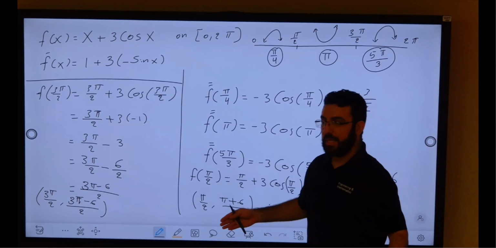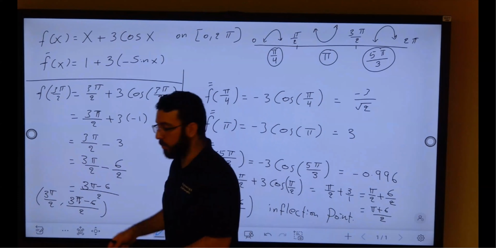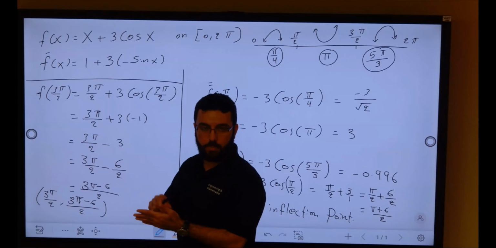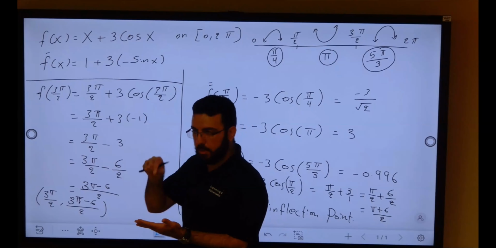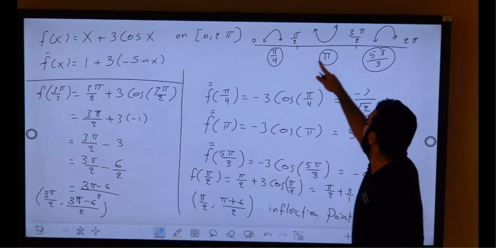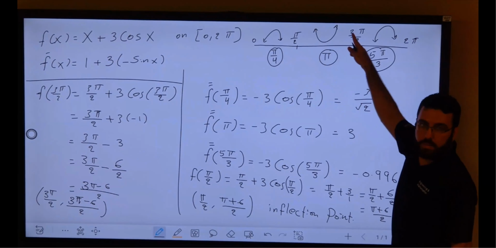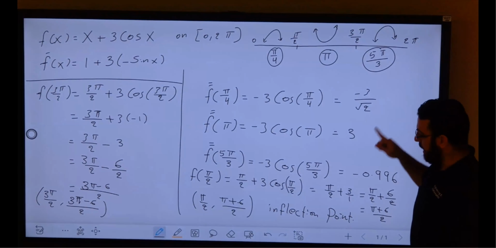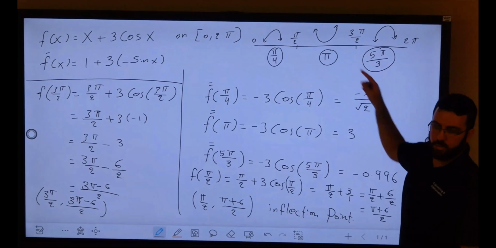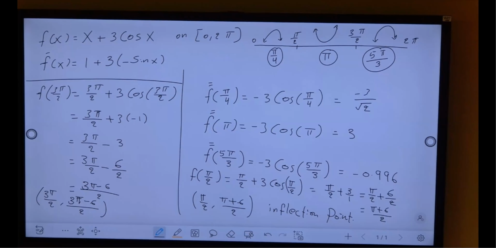If we need to find the coordinate, we know this is an inflection point, so we can locate the point on the graph. I know this is an inflection point because this side can go up and this side can go down. And here's another point: this side is gonna go down, this side is gonna go up, okay? So that's our goal.